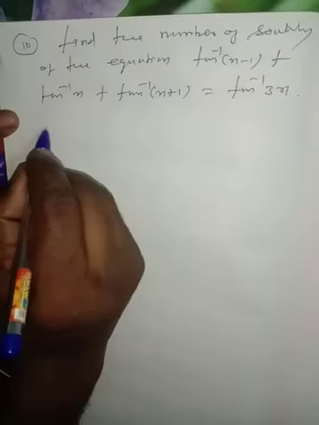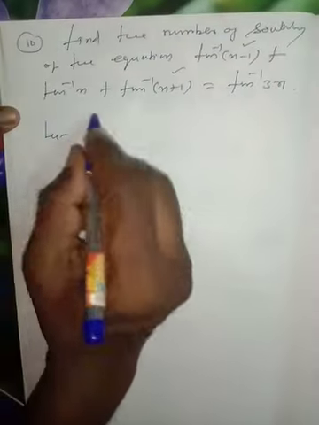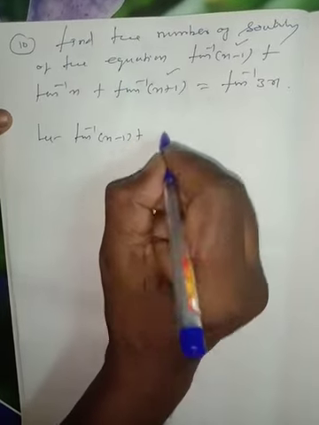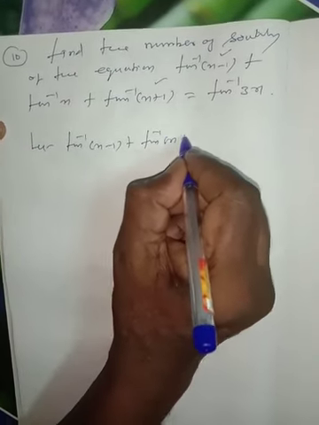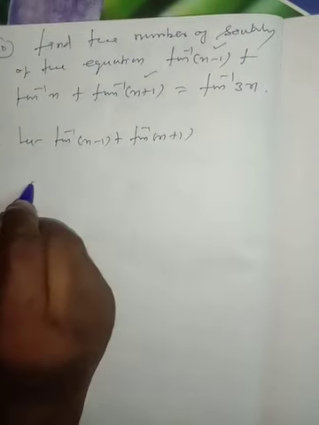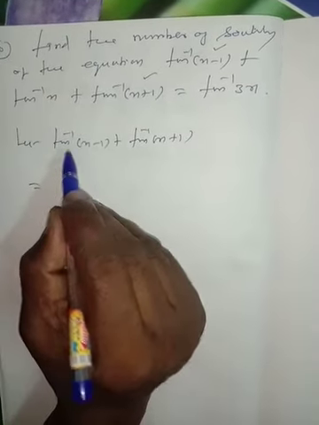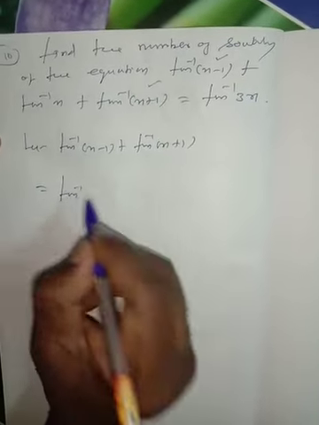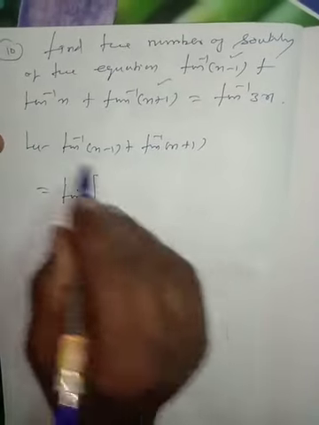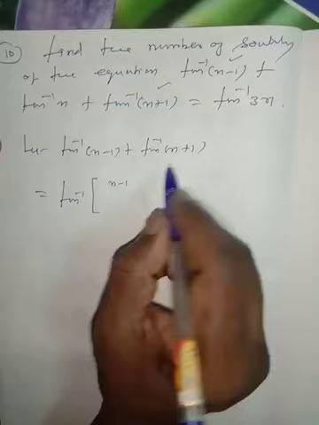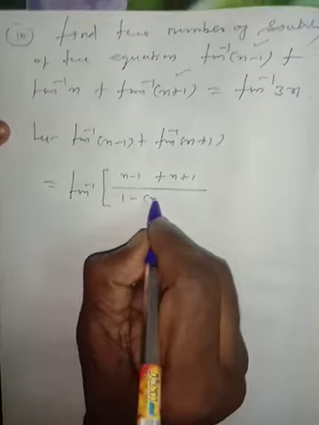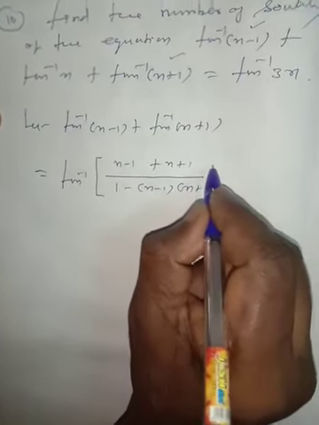First, let us take the first term and third term: tan inverse of x minus 1 plus tan inverse of x plus 1 is equal to, using the formula tan inverse of a plus tan inverse of b is tan inverse of a plus b divided by 1 minus ab, tan inverse of x minus 1 plus x plus 1 divided by 1 minus x minus 1 into x plus 1.